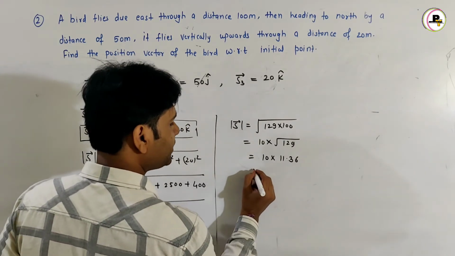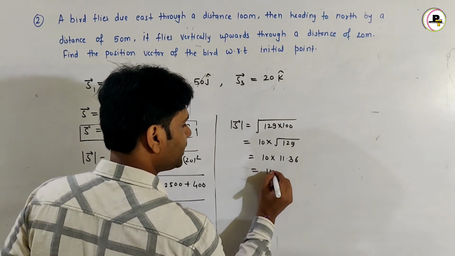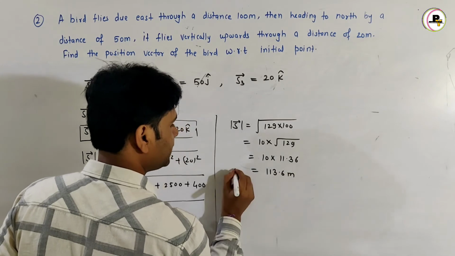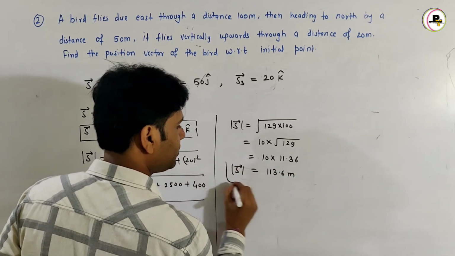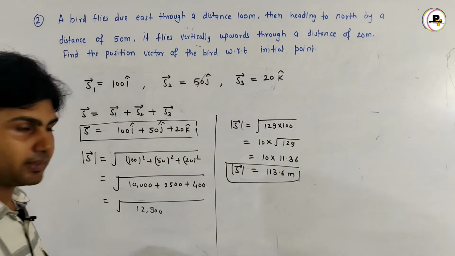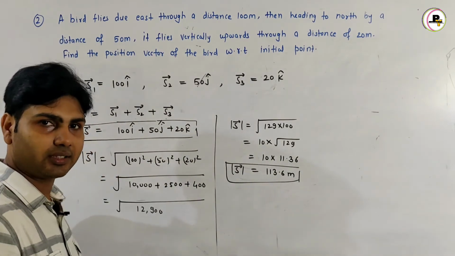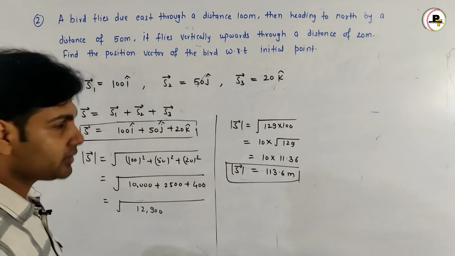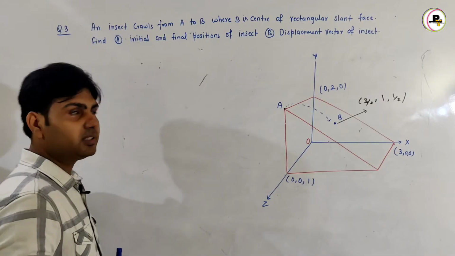So on multiplication with 10, it is equal to 113.6 meter from initial point. This is the displacement of the bird. All right, this is question number second.